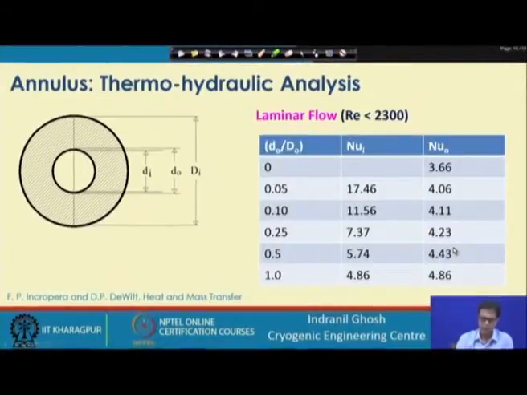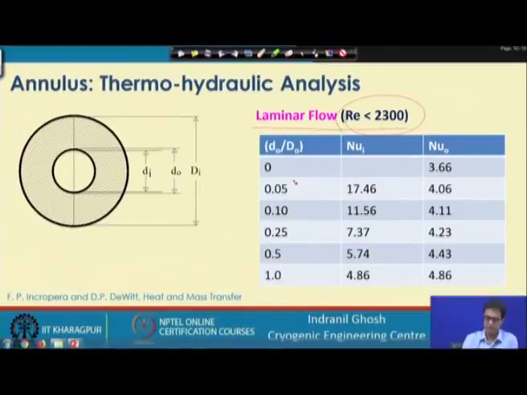Now, in case of laminar flow in the annular space, we have the following relations. We have taken it from the Kakac and Yener book, and the laminar flow region is still defined by Re less than 2300.